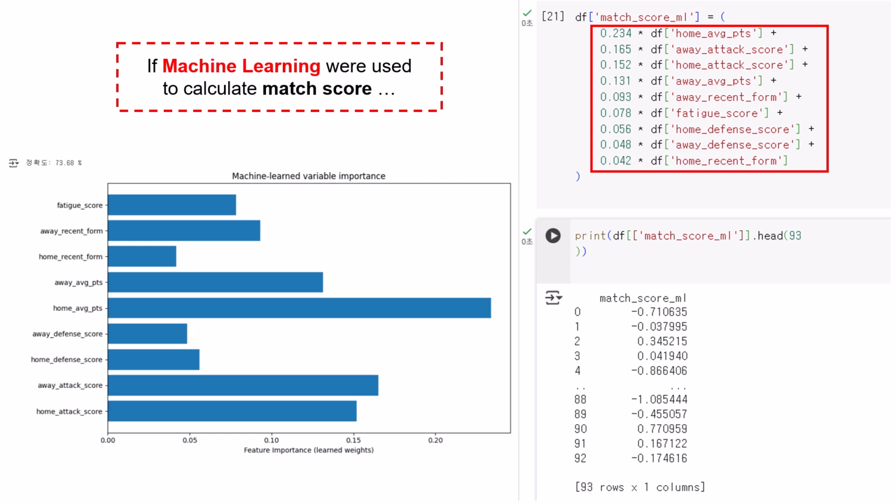If machine learning were used to calculate match score, the percentage would be different for each feature, as you can see on the right side here in the red box. However, when I compared the predicted results with the actual ones, the prediction accuracy was even lower than what I had done without machine learning. I couldn't find what the issue was, so it could highlight an area where the model can be further developed in the future.